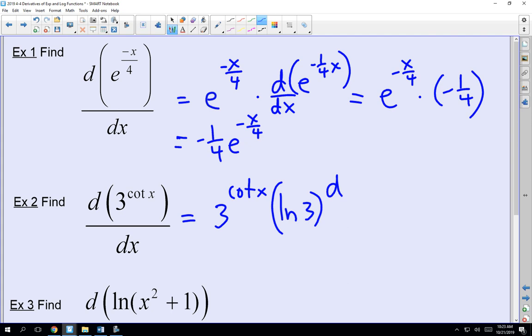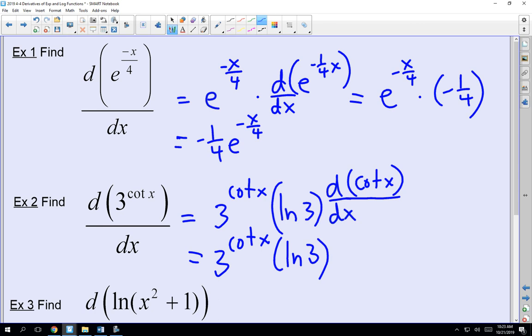And then we've still got to do d/dx of the power, cotangent of x. So we've got 3 to the power of cotangent of x, ln of 3, and then the derivative of cotangent is negative cosecant squared of x. And that's it.